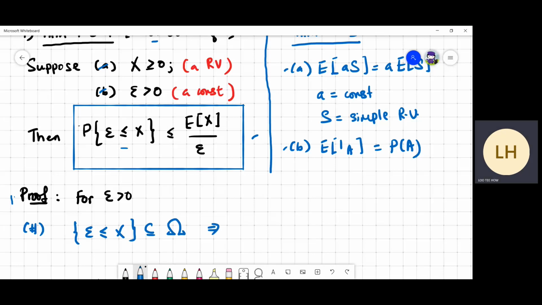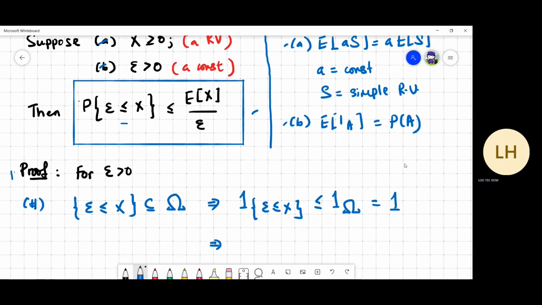So from here, we can see that the indicator function for the event X greater or equal to epsilon will always be less or equal to the indicator function of the sample space omega, and we know this is always equal to 1. So this is the first thing that we have: the indicator function corresponding to the event X greater or equal to epsilon is always less or equal to 1.